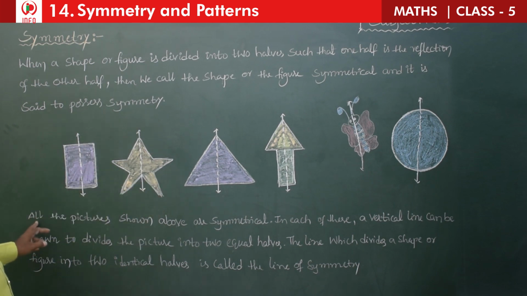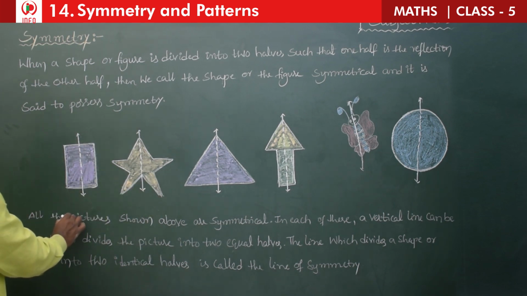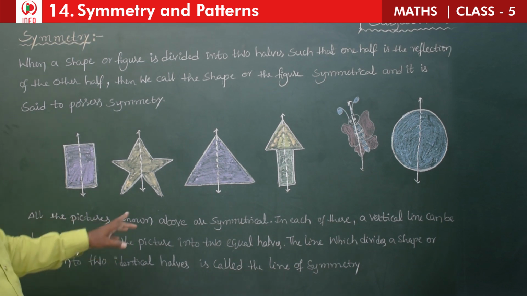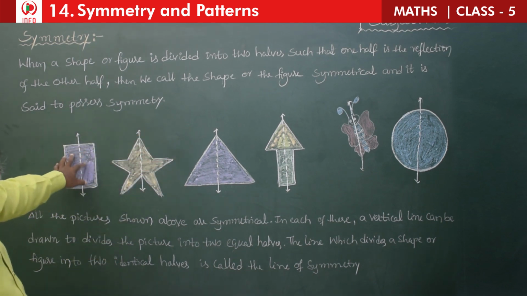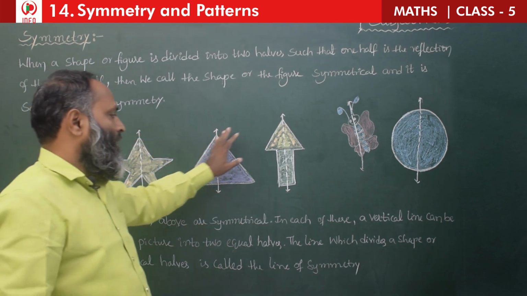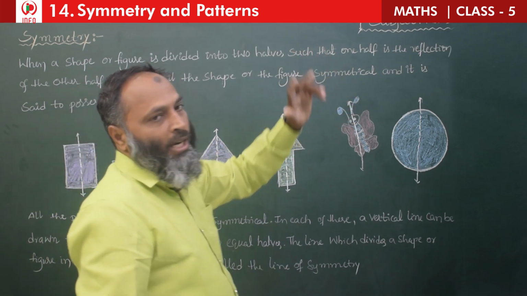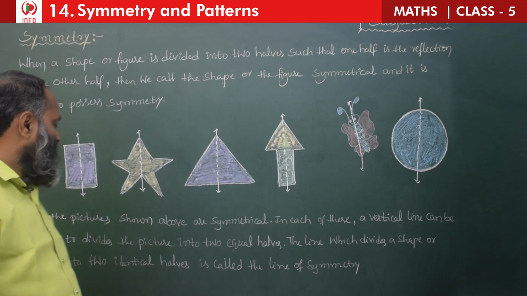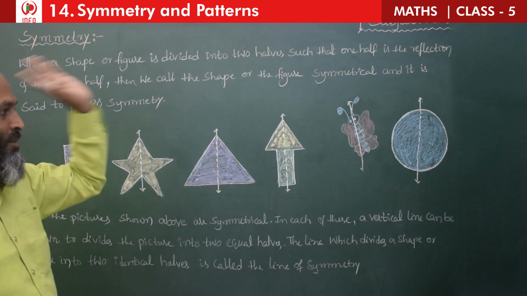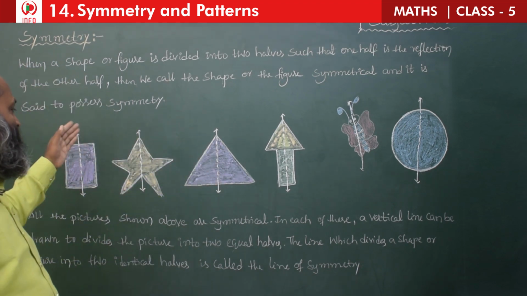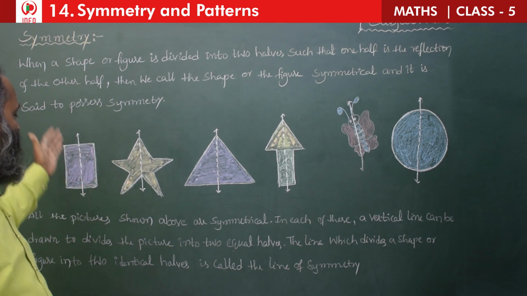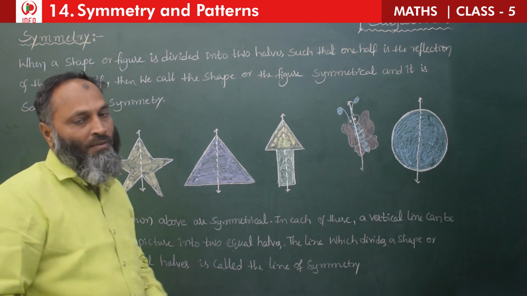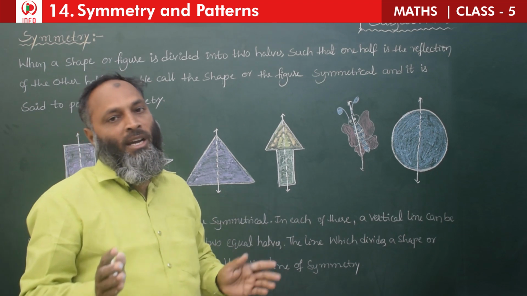So what do all the pictures say? Rectangle, star, triangle, arrow, butterfly and circle are all symmetrical pictures. Why? Because we have a line of symmetry, so we have two identical halves.